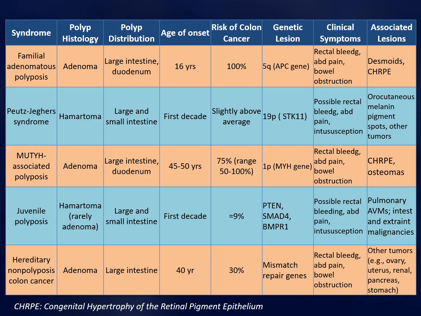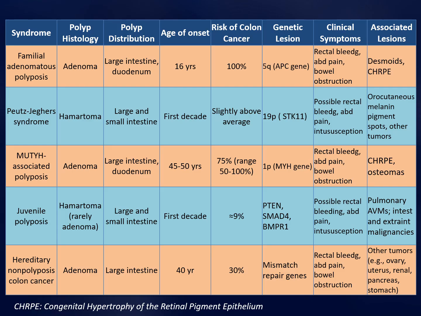These patients have multiple adenomas in the colon, more than 100 lesions, and they might also have adenomas of the duodenum. The age of onset of cancer is usually around age 16, but these patients should have a colonoscopy around age 10 to 12 to look for these adenomatous lesions in the colon.